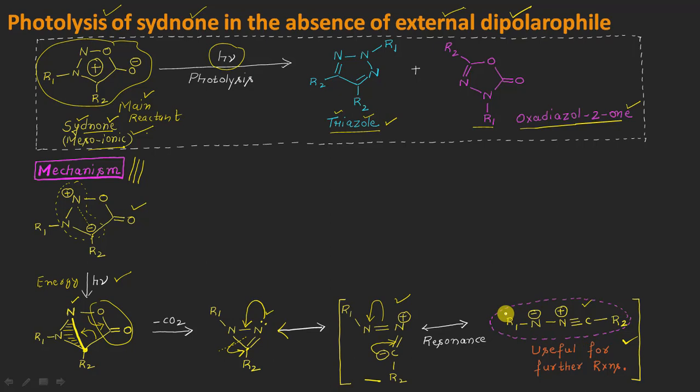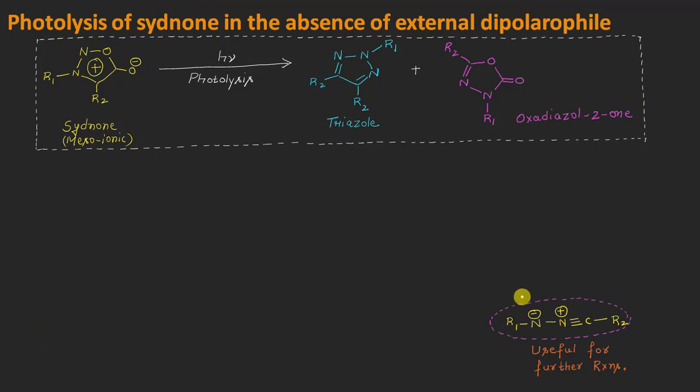And now we will be paying all our attention to this structure here, and we will see how this structure will be leading to the formation of, first of all, this type of product and this type of product here, right? So let us first concentrate on the formation of this type of oxadiazole 2-one from this type of resonating structure, which we have got from where?